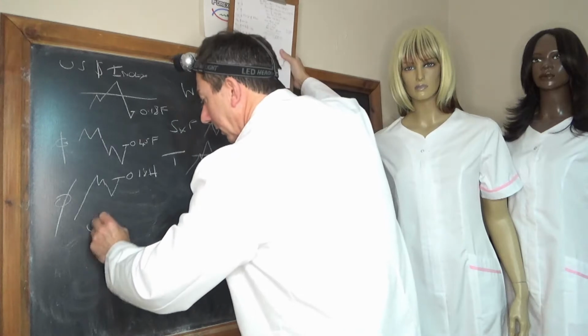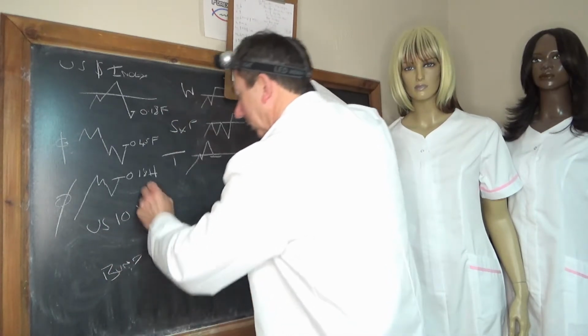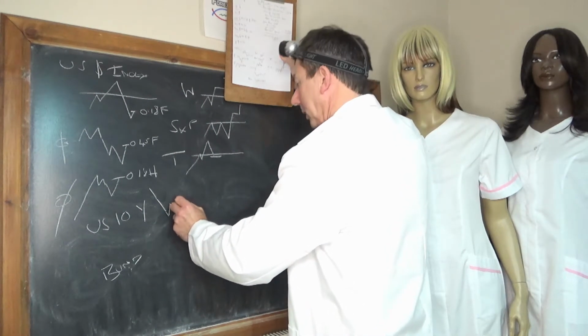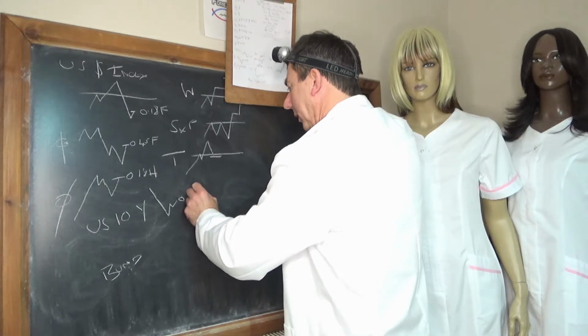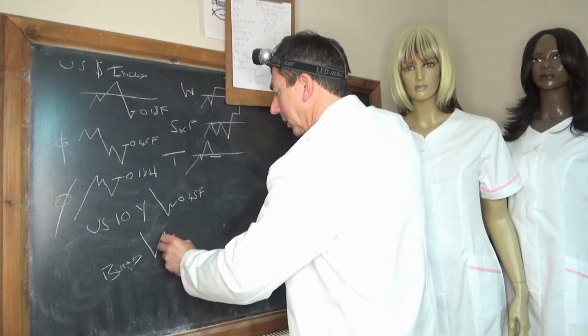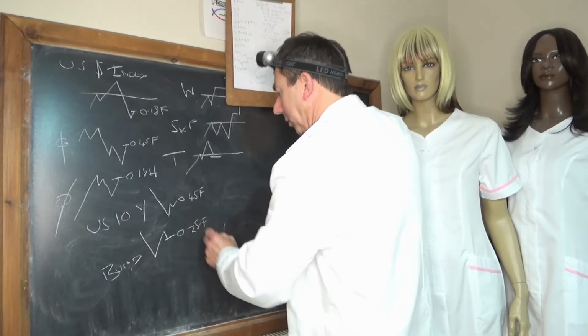US 10-year and the bund. Right, the US 10-year basically looks like that. It's 0.45 from the floor. This is the price, remember, and the bund looks like this, 0.28 from the floor.